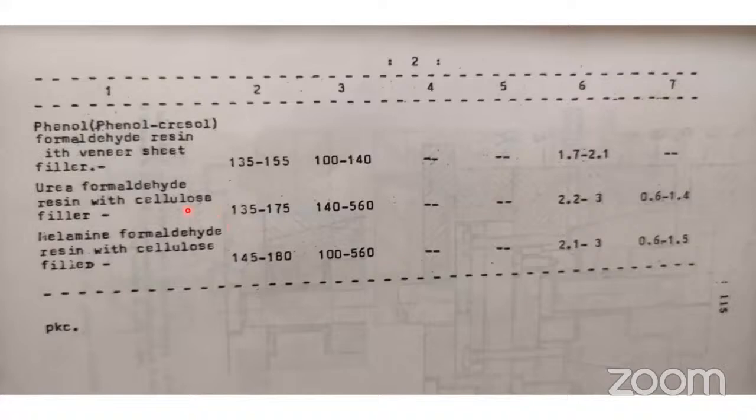But here they have only used cellulose fillers. Here are the melamine resin and urea formaldehyde. These two resins are called amino resins. The melamine resins are used for crockery and tableware, and UF resins are for many applications, friend.